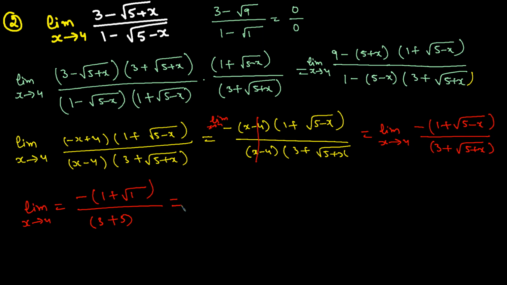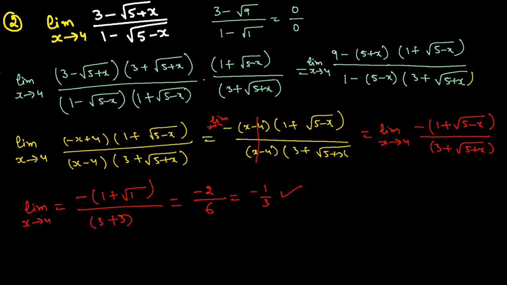So in the numerator I got 1 plus 1 is 2, and with the negative sign, negative 2, and in the denominator I got 3 plus 3 is 6, so negative 1/3. So that's the limit of this function.